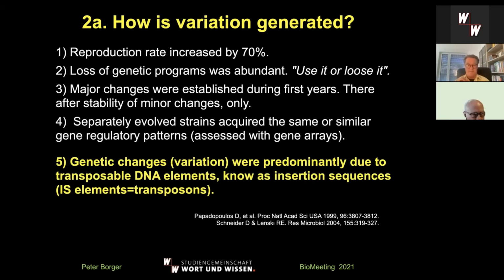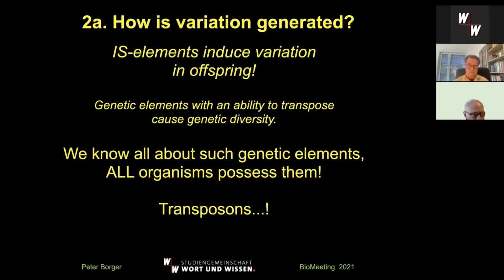And we know these sequences as so-called insertion sequences, and it's also known as an IS element, and IS elements are transposons. So in bacteria also, there is definite proof, evidence, that genetic changes can be driven and predominantly are driven by transposable elements.